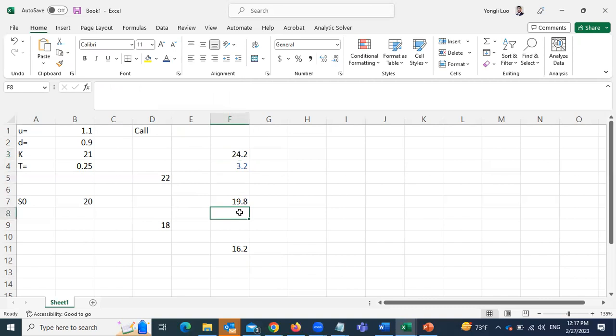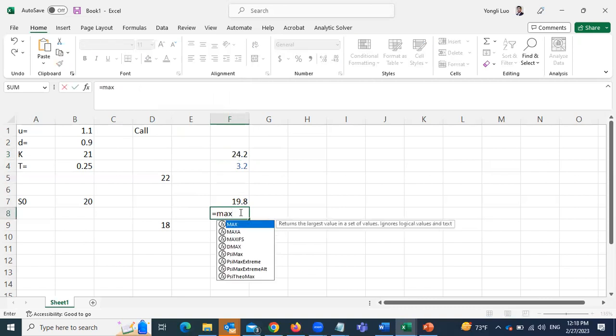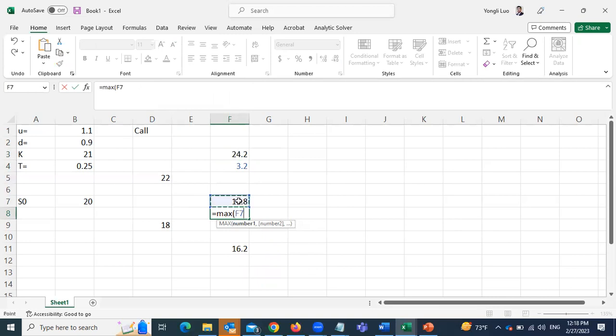When it goes down, we do the same, the maximum of the current stock price minus the strike price, and 0.